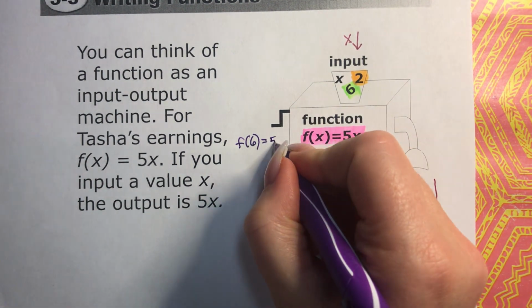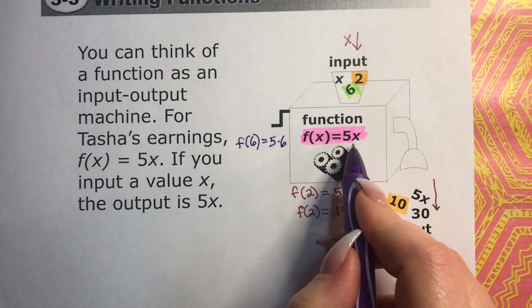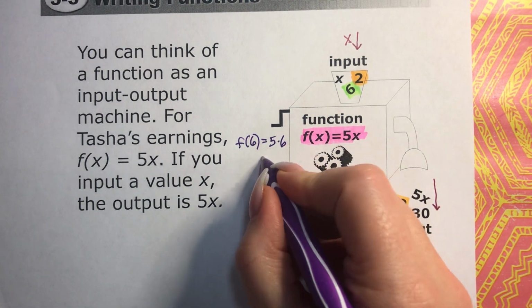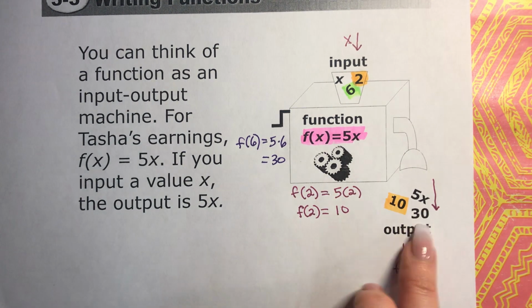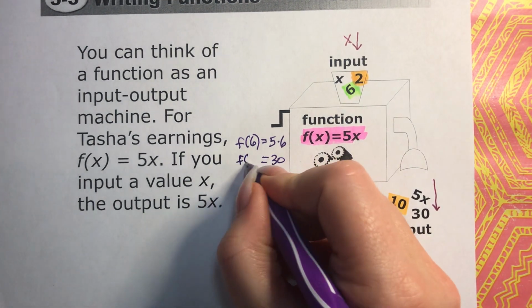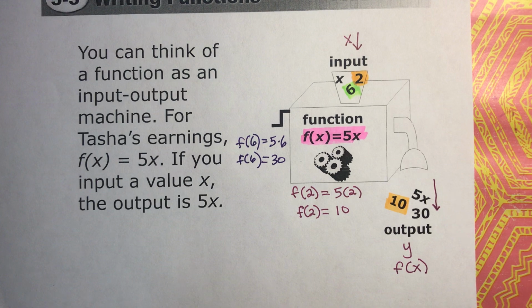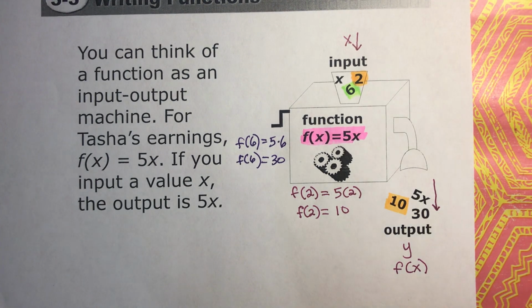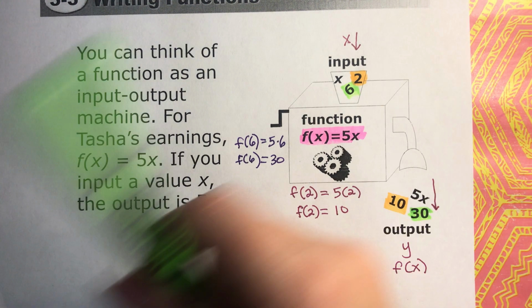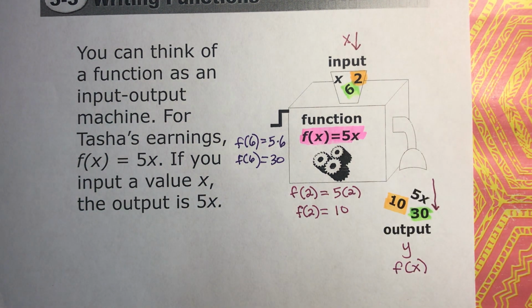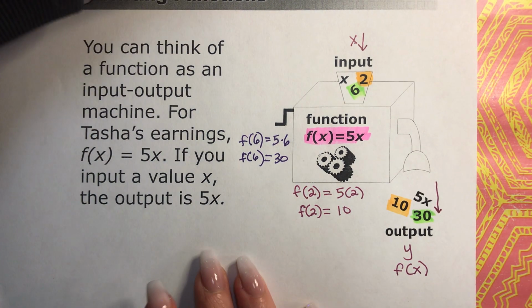So we have 5 times 6, and 5 times 6 ends up being 30. And so what we do is we get out 30 out of our machine, which is the value right here. Okay? So let's go ahead and look at a couple different examples.